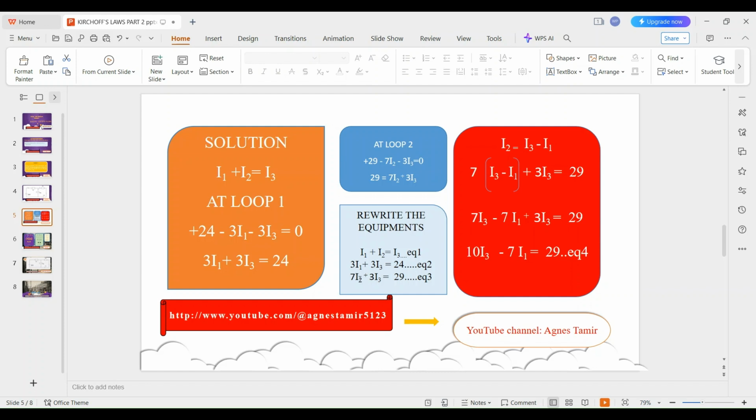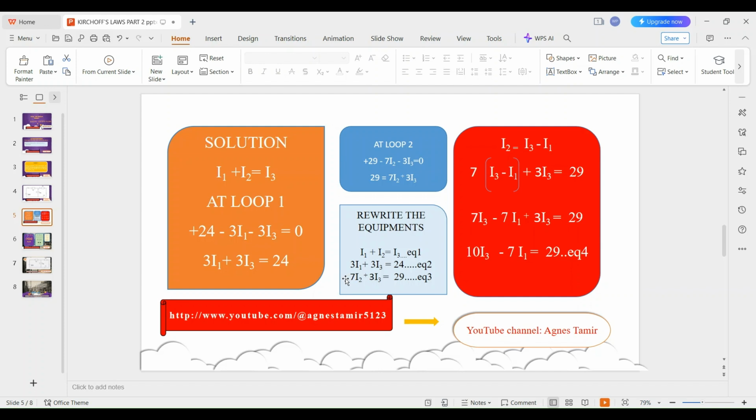And equation number 3, we have 7 I1 plus 7 I2 plus 3 I3 is equal to 29. Now, if you look at equation 2 and equation 3, we are not in a position to solve them. Why? Because we don't have like terms here. We have 3 I3 common, but on the other side we have I1 and I2.